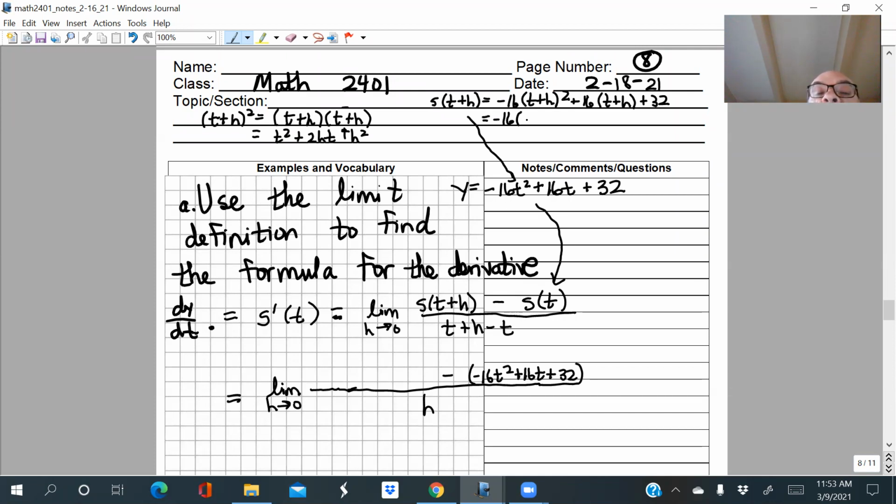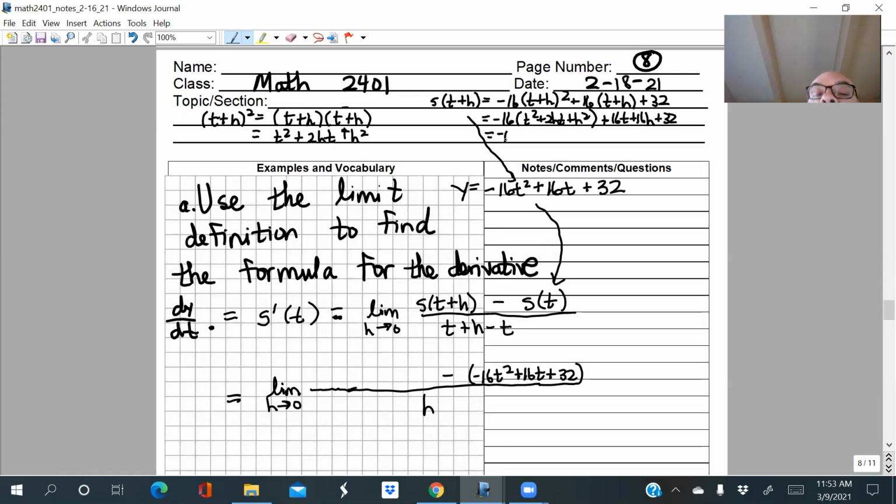So you have minus 16 times t squared plus 2ht plus h squared, and then 16 times t plus h. That's pretty easy. That's 16t plus 16h, and then plus 32. The only thing left you have to do here now is multiply in the minus 16.